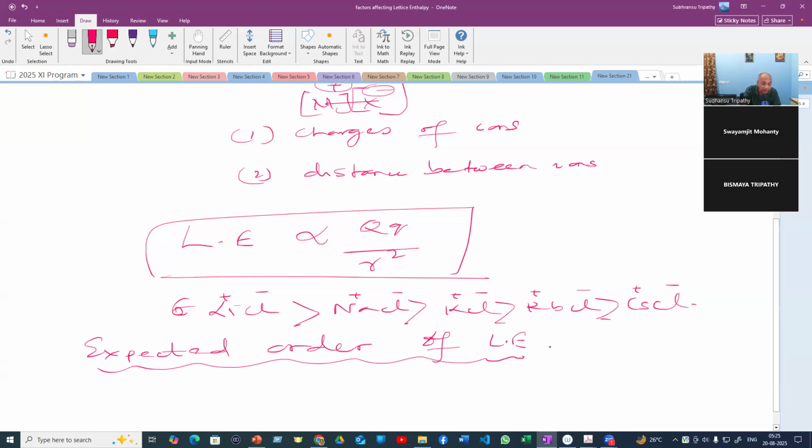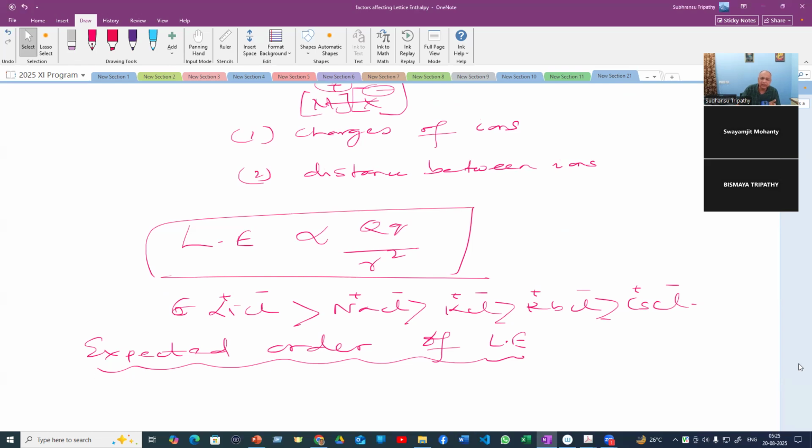But the situation is complicated because we shall see that lithium chloride has appreciable, not predominantly, appreciable covalent character. What we call the polarization effect is appreciable. Then that reduces the lattice enthalpy.